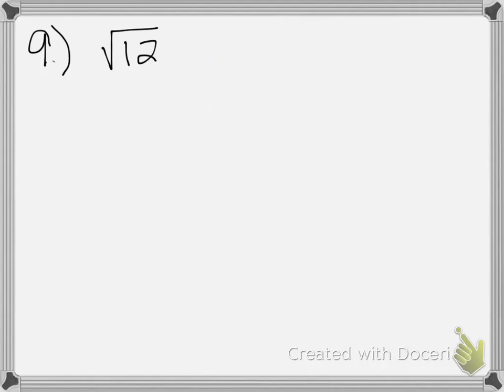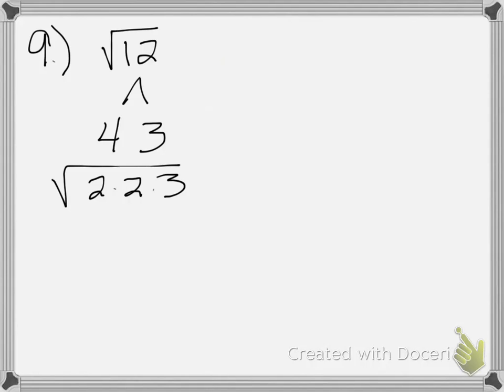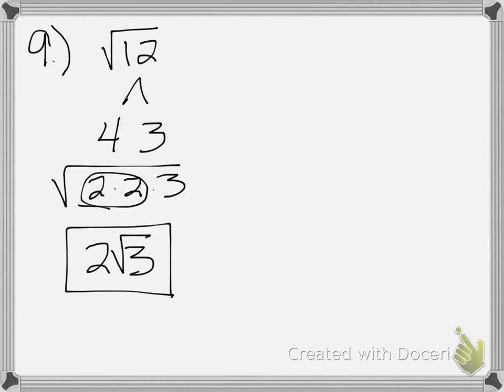So if we break it all the way down, because we could say 4 times 3, and then we could say 2 times 2 times 3. And then you would ring up the 2 2's, which would give you a 2 on the outside, and then we still have square root of 3 there. Or even at this point right here with the 4 times the 3, 4 is a perfect square, and you can take the square root of 4, which is what? 2, and still have the 3.